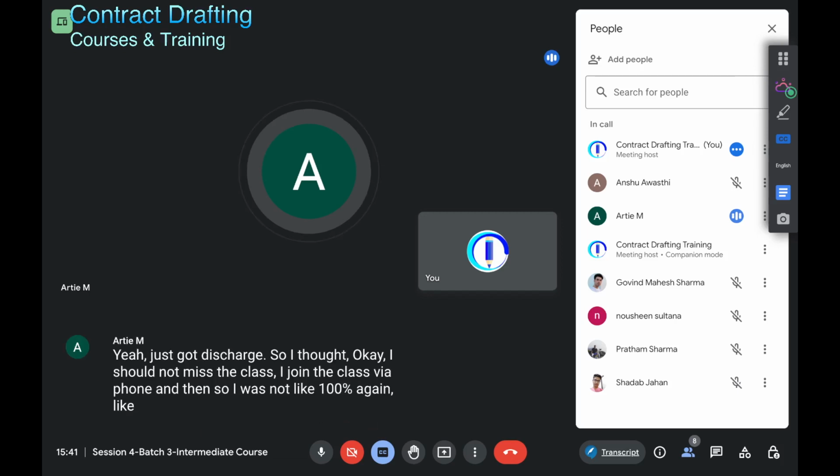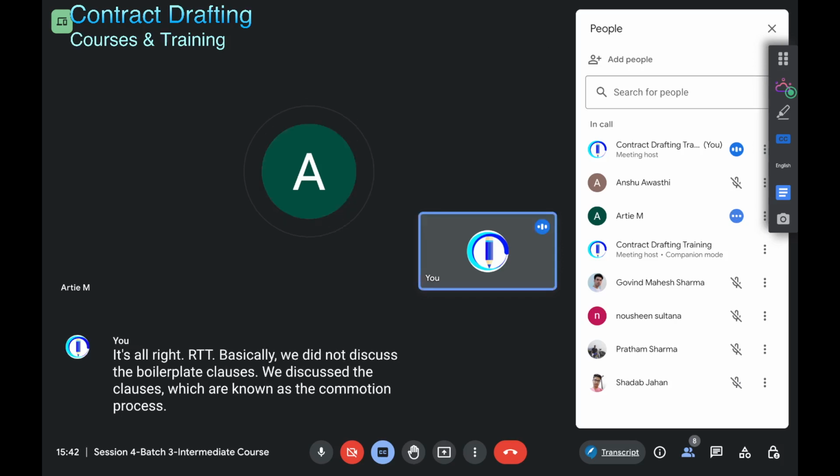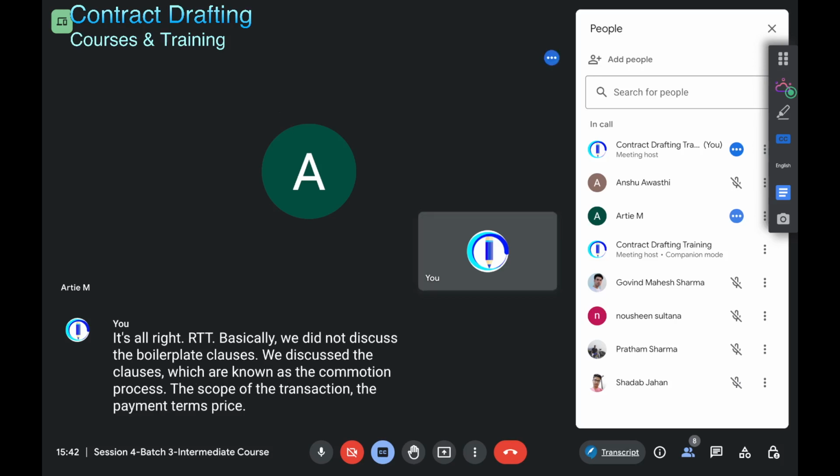All right. Aarti ji, basically, we did not discuss the boilerplate clauses. We discussed the clauses which are known as the commercial clauses: the scope of the transaction, the payment terms, price, termination. These are some of the important clauses that parties discuss, and these are discussed by the business side of the transaction.